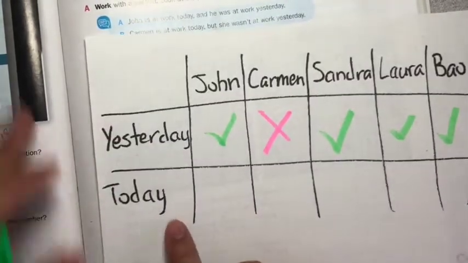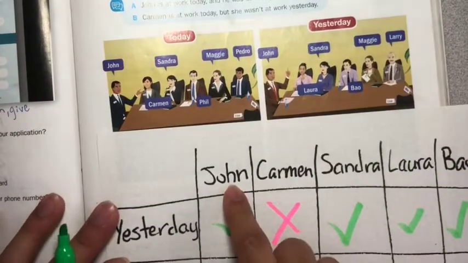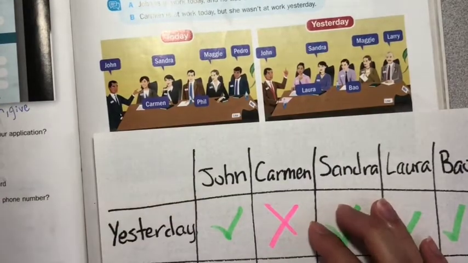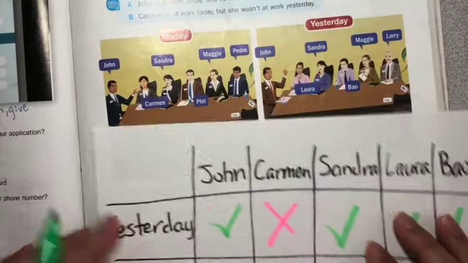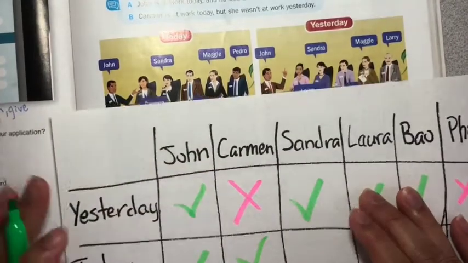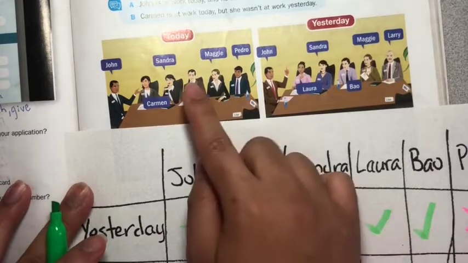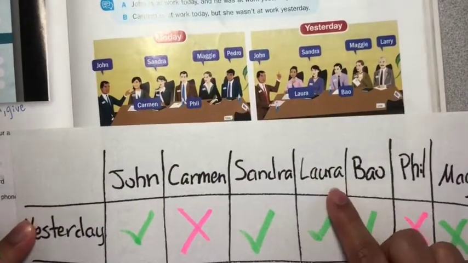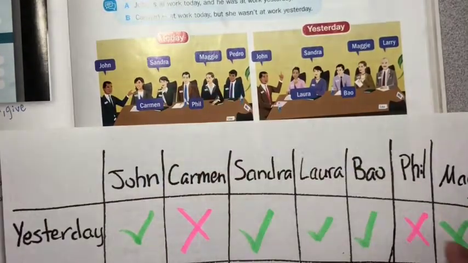Okay, let's do today. Is John at work today? Yes, he is. He is at work today. Is Carmen at work today? Yes, she is. She is at work today. Is Sandra at work today? Yes, she is. She is at work today. Is Laura at work today? No, she is not.